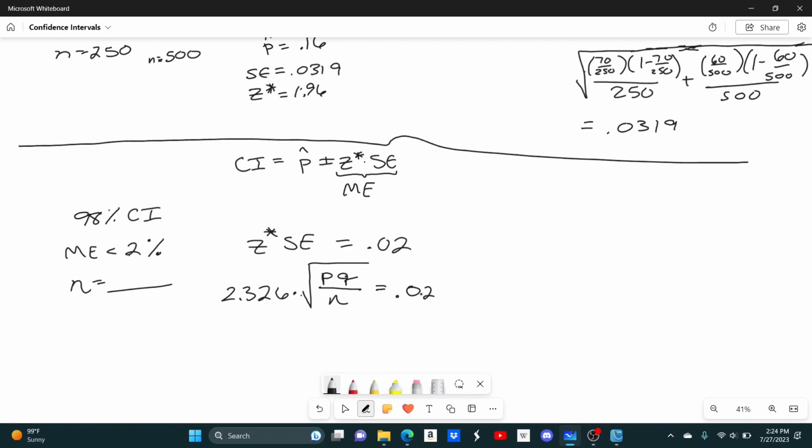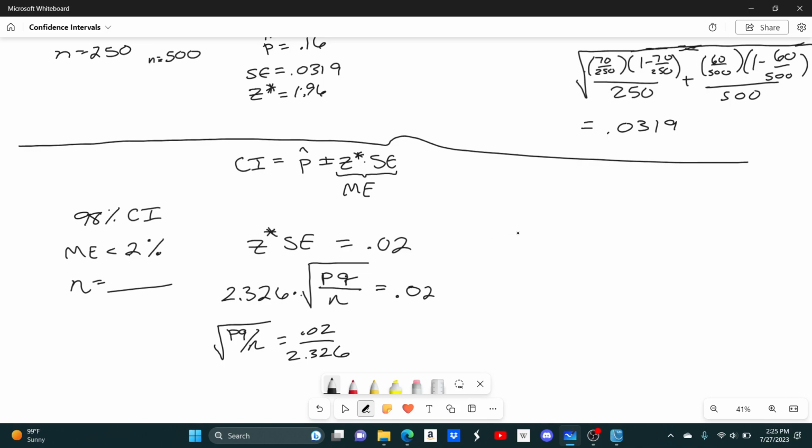So here's what you do. Pretty much, you're trying to find the worst case scenario. Imagine that I was just solving this normally. I'm going to solve for N in terms of P and Q, and then this will be a little bit clearer. I'll have the square root of PQ over N equals 0.02 divided by 2.326.